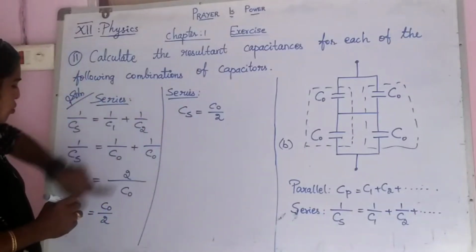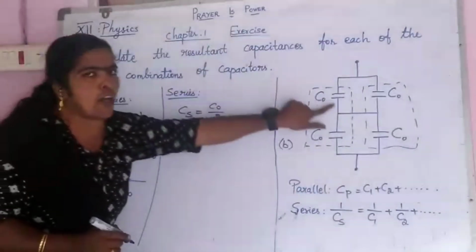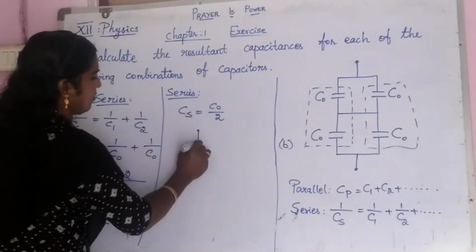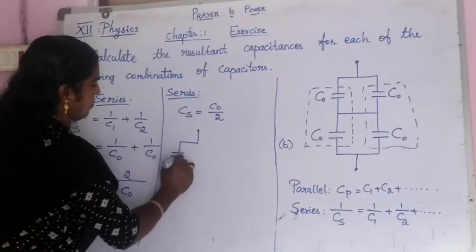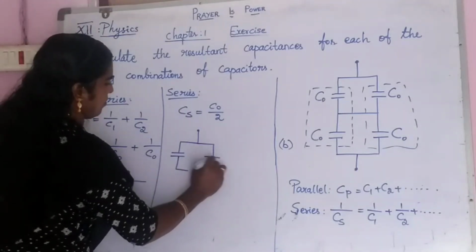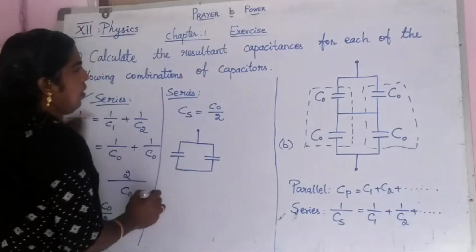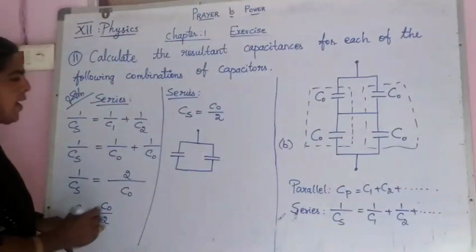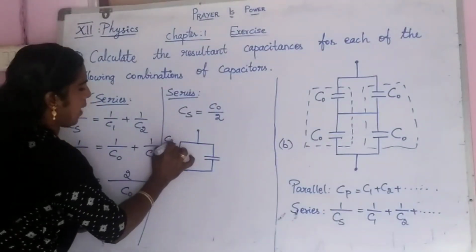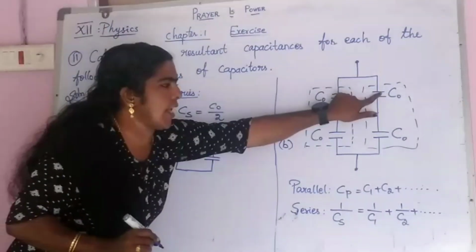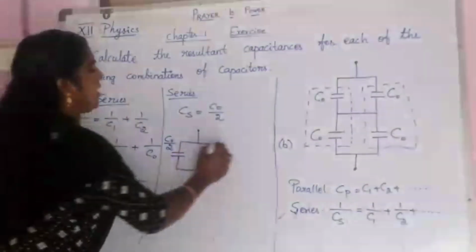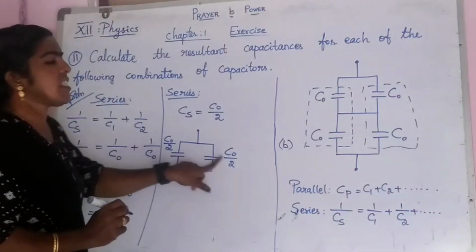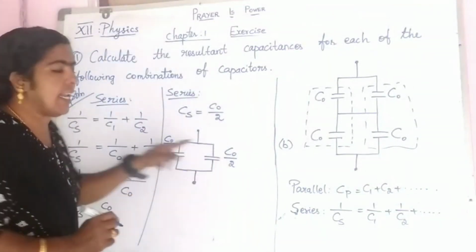Then using these two series answers, redraw this figure. Look, instead of the C0 and C0, we got the answer C0 by 2. So here C0 by 2. Then for the other C0 and C0, we also got the answer C0 by 2, which is parallel. Next we are using the parallel formula.